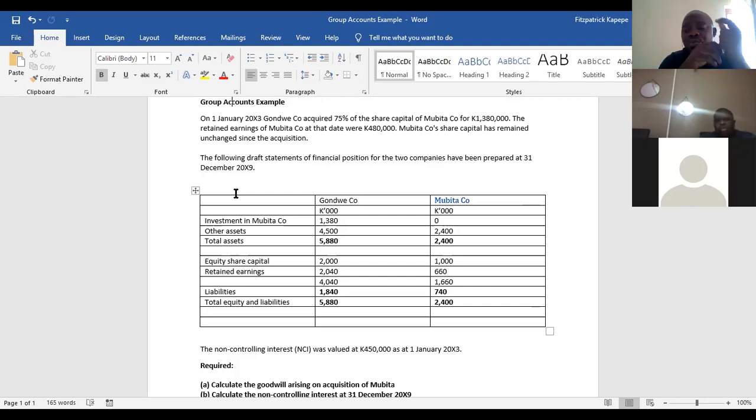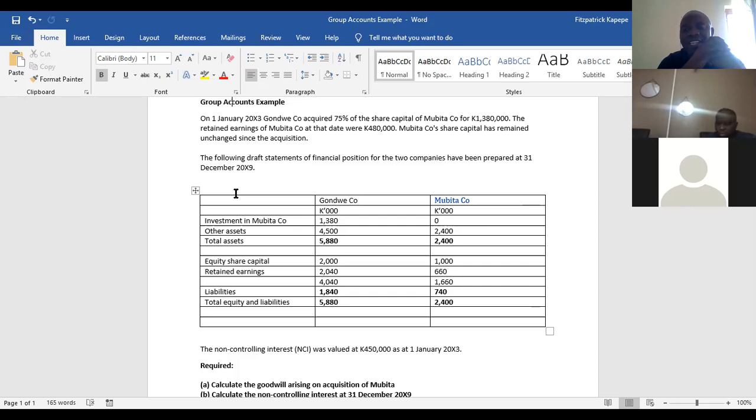Once we have those two numbers, we will be able to determine how much was paid for all the 100% shares, that is the 25% from the non-controlling interest and 75% from the parent company, Goodwill.